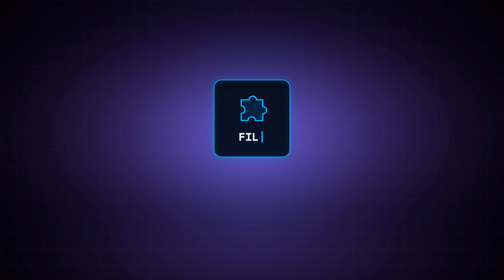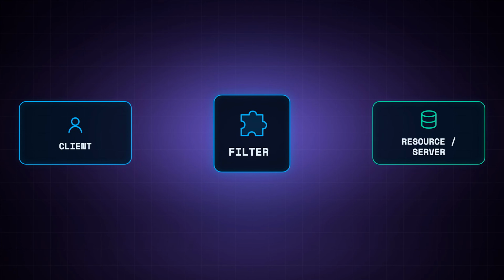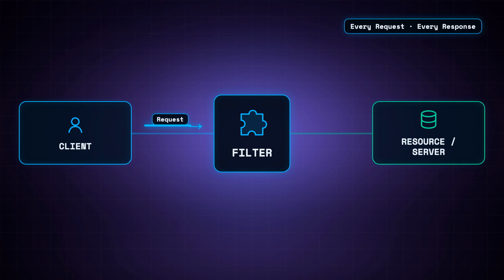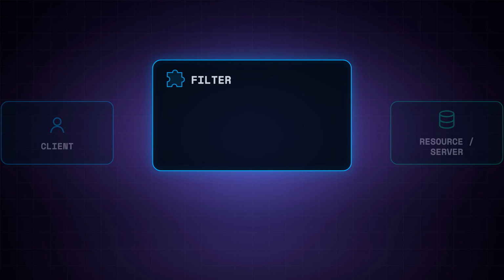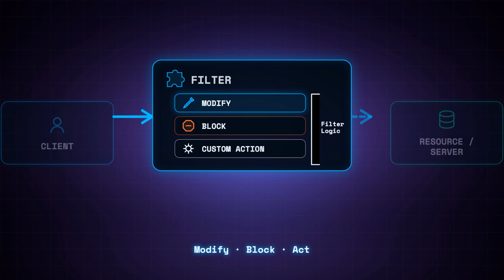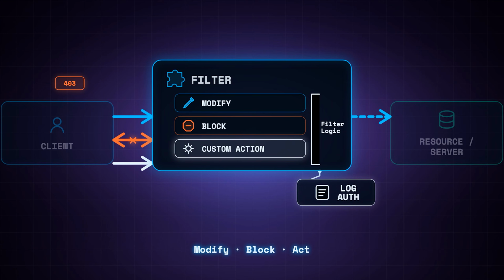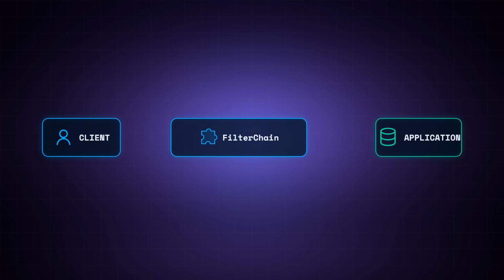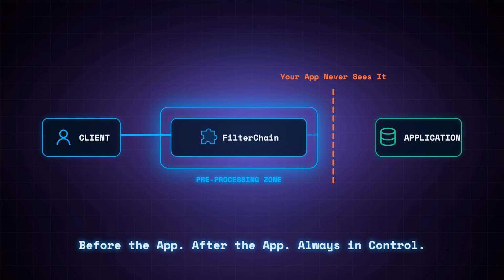A filter is basically a reusable, pluggable component that sits between the client and the resource. It intercepts each and every request that comes from the client, and it can also do the same for the outgoing response. Based on the logic we provide inside the filter, it can modify the request, block it, or perform any other necessary action. That means everything is done before the request even reaches our application or the response is sent back to the client.